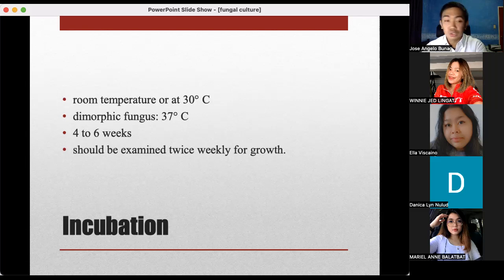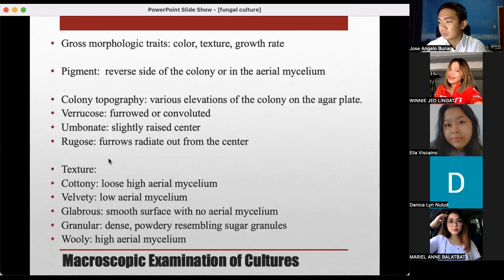And this specimen should be incubated up to a month or 4 weeks and examined periodically before reporting as negative. So usually, most fungi grow optimally at 30 degrees Celsius.